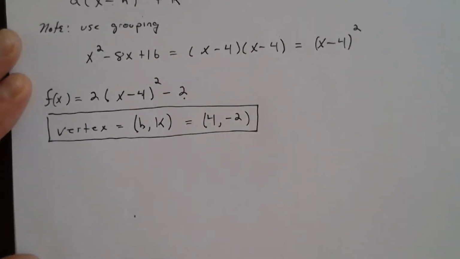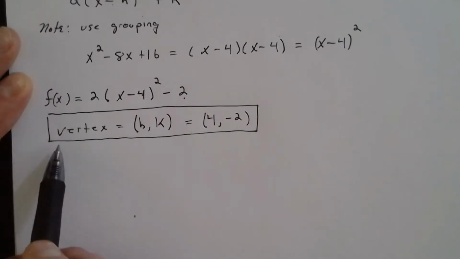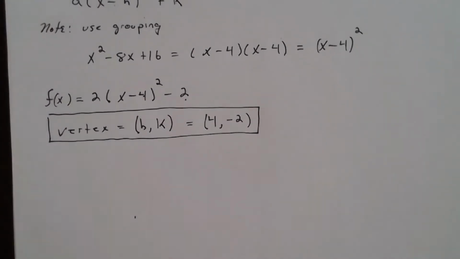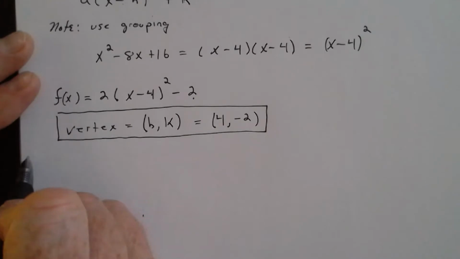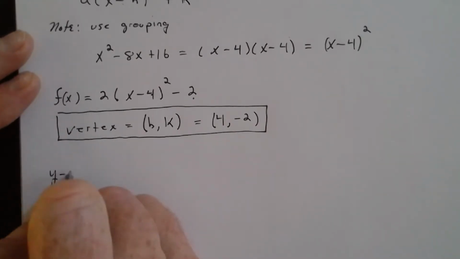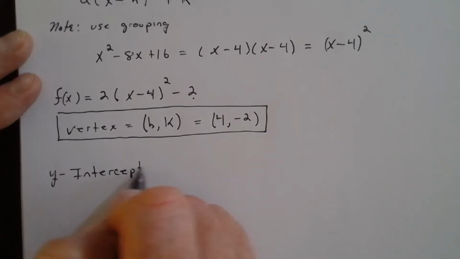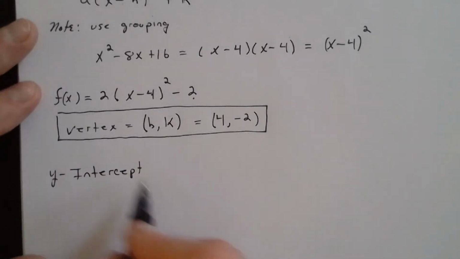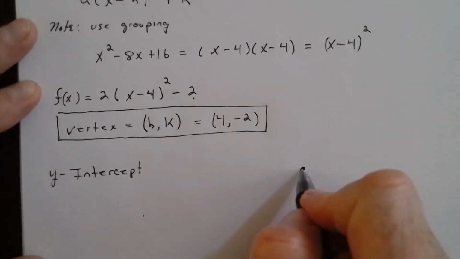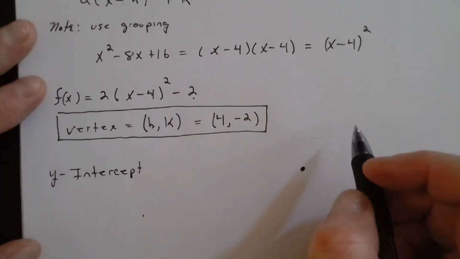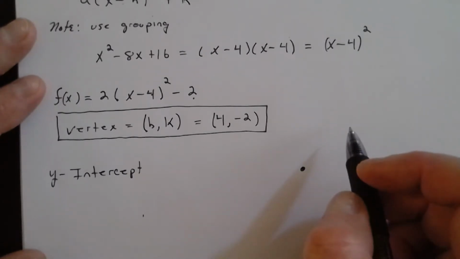The next step in this problem. Okay, let's not lose sight of what we're trying to do. We need to graph this. And so we've got the vertex, and now we need to determine what the x and y intercepts are. And so the y-intercept is determined by setting x to 0.